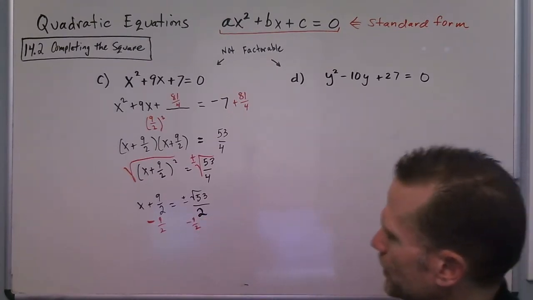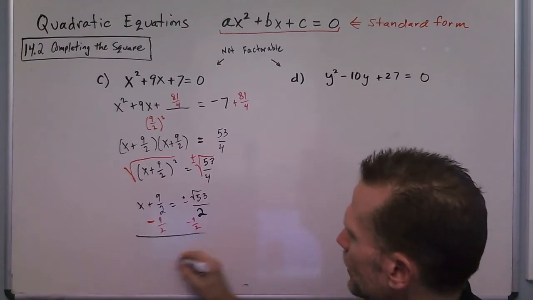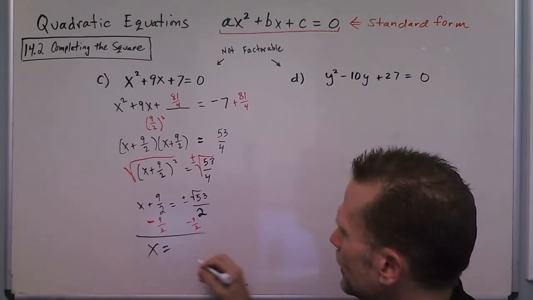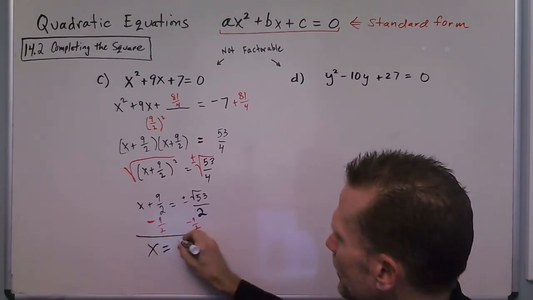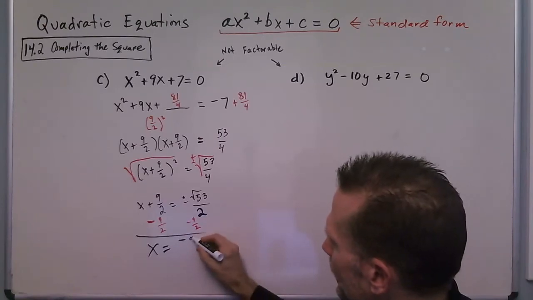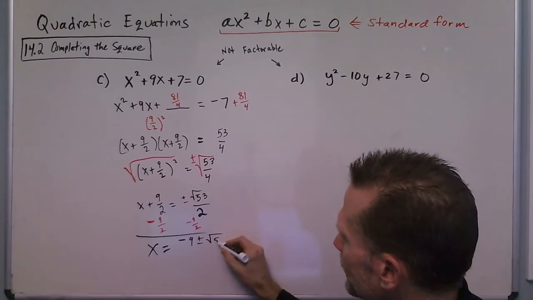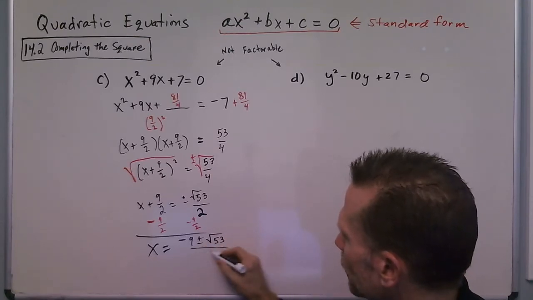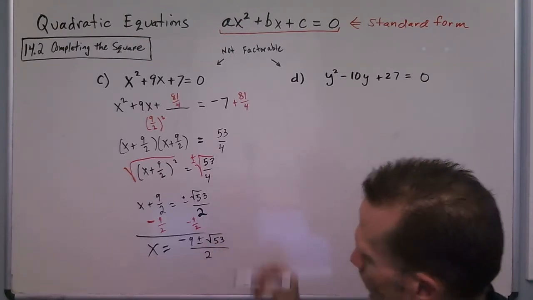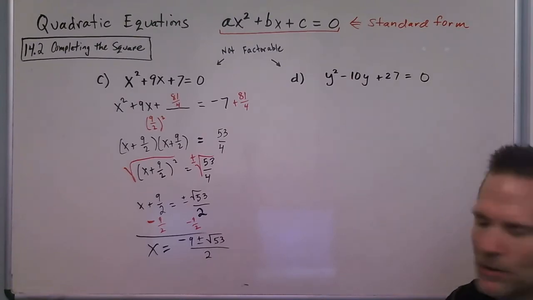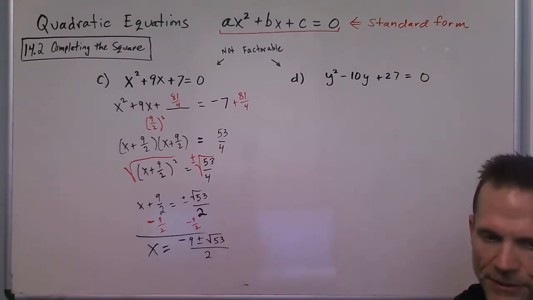And what I end up with here is x is equal to -9 plus or minus the square root of 53 over 2. Because I have common denominators here, I can write that over the single denominator 2.